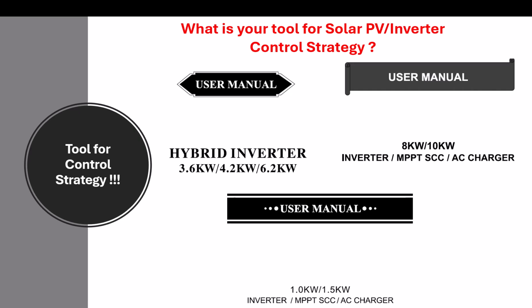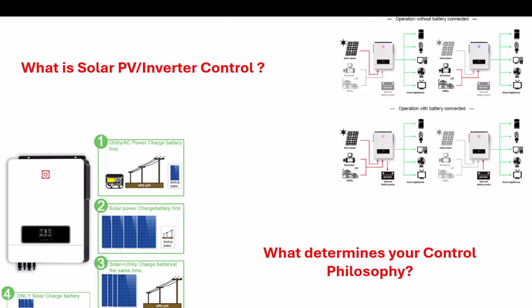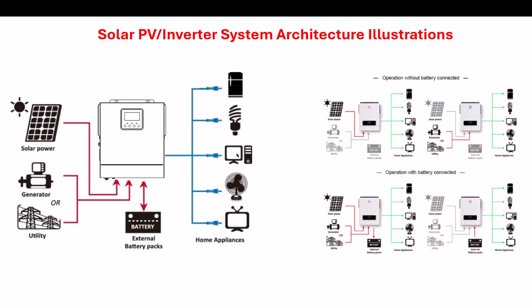So if we go back to look at the architecture illustration, for you to make the connection, you have AC in or AC input, you have AC output, battery connection, and you also have your PV connection.